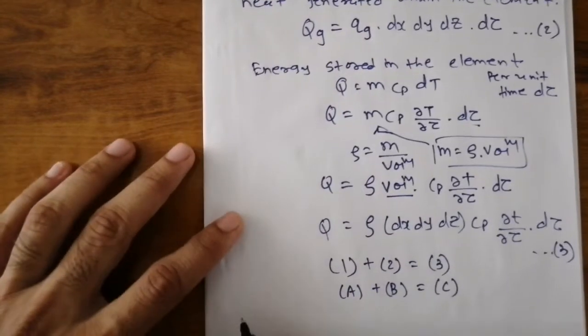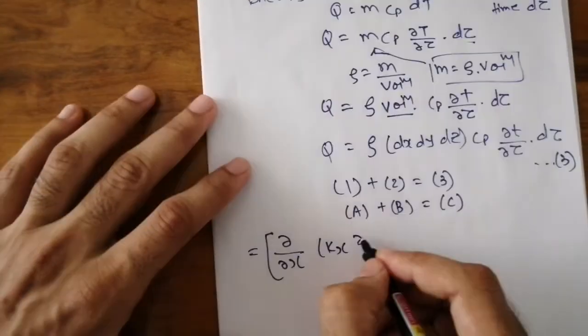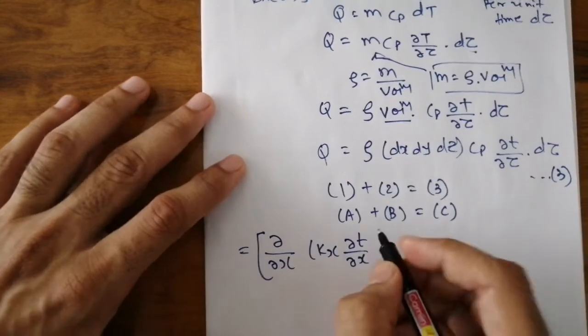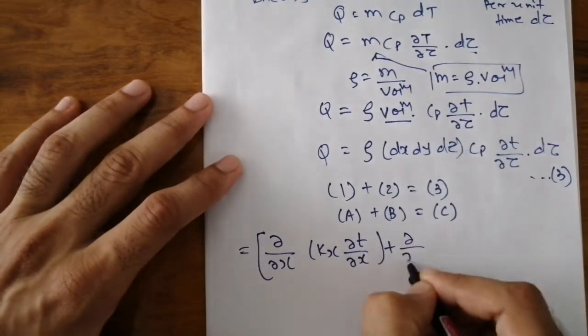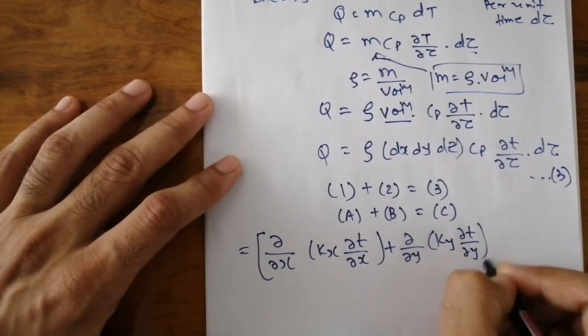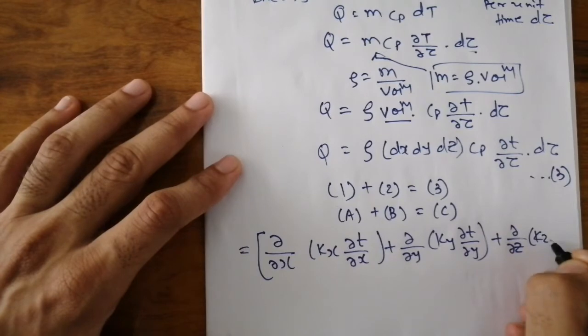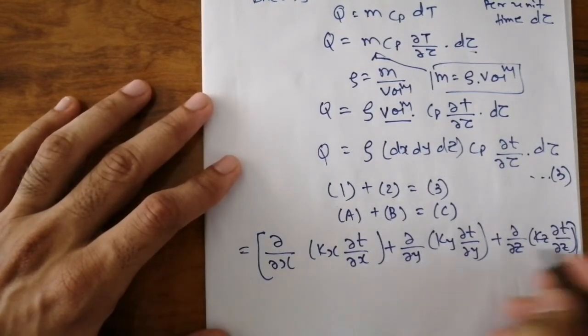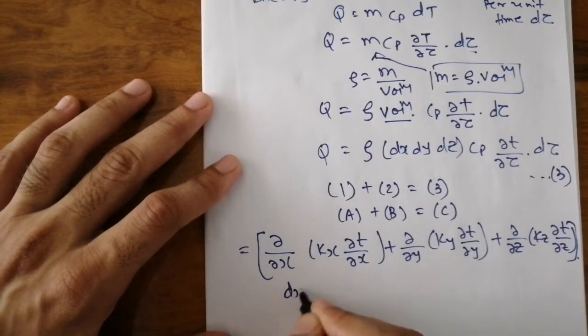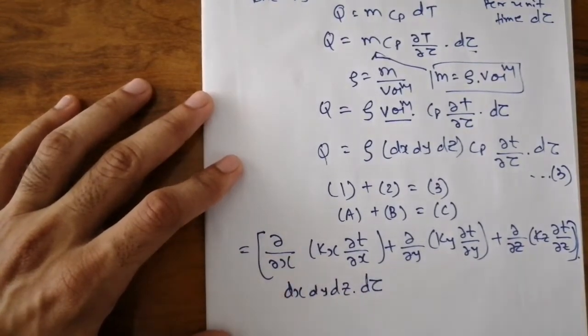So a is equal to what? Del by del x (kx del t by del x) plus del by del y (ky del t by del y) plus del by del z (kz del t by del z), bracket over, into volume dx dy dz into d tau.